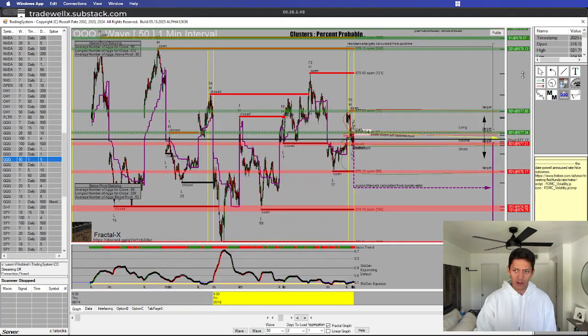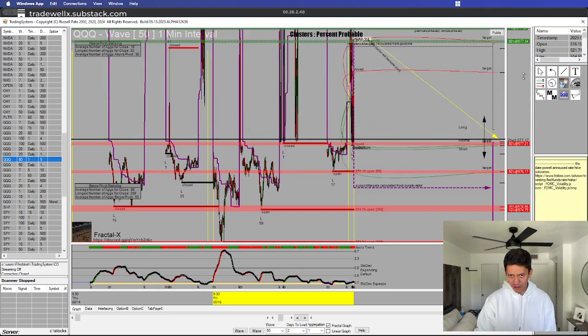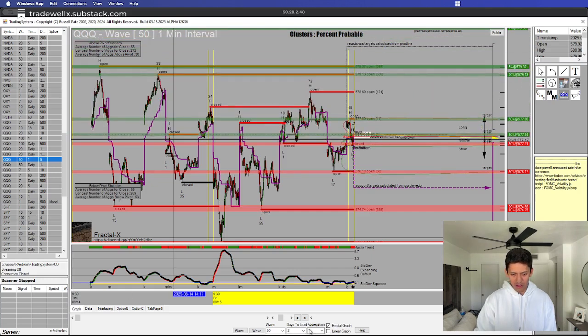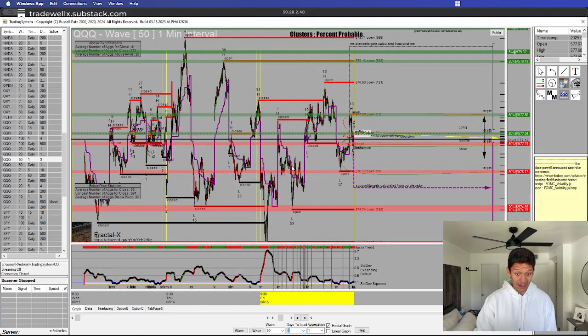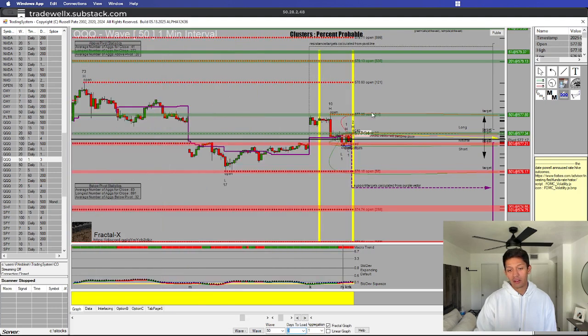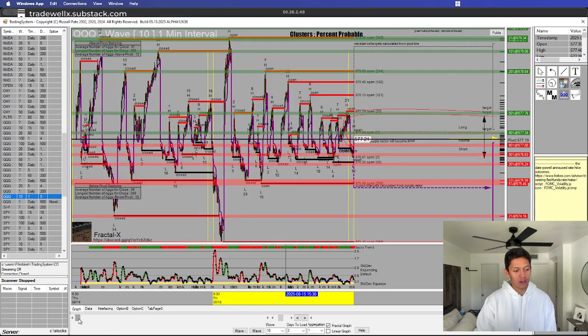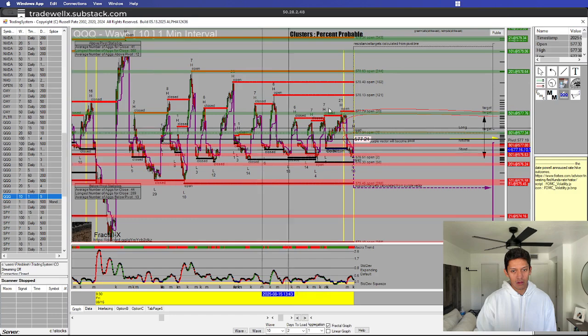I'm just going to do the 1 minute wave 50. According to the last 2 days, let's do last 3 days. 1 minute candlesticks. Wave 50, I have these open states. So sometimes our market open, people use the wave 10, 1 minute. Look at this.